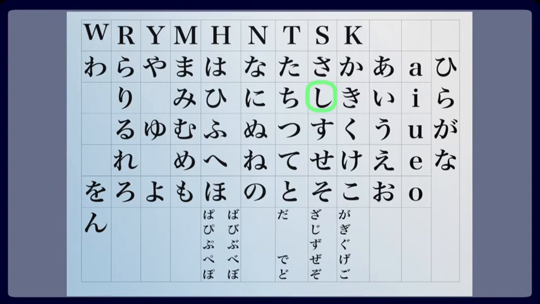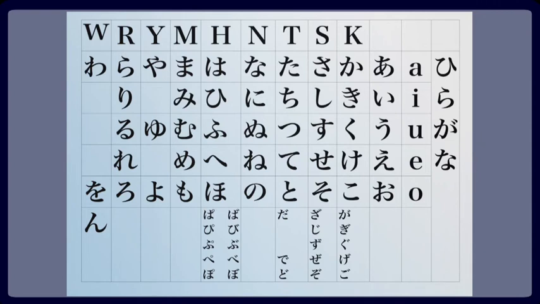So it's a soft SH sound, shi, instead of si. Shi, and of course you'd all be familiar with the Japanese word sushi, and that's where the shi sound comes from. Back to the normal sound, S and the U becomes su.